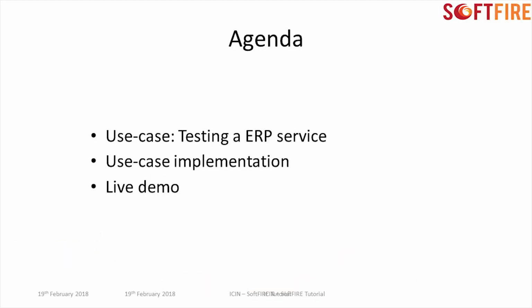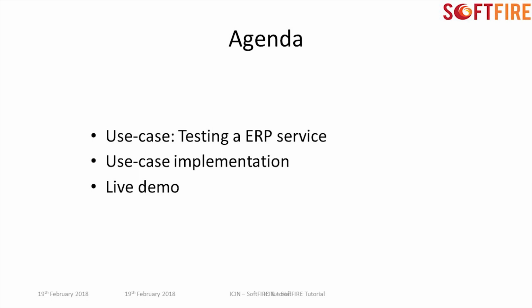During this video tutorial I will show you a possible use case for the SoftFIRE middleware through the definition of an experiment and its actual deployment on the platform. First, we start from formalizing the use case context. For this tutorial, I have chosen a more commercial focused example instead of the classic experiment we had on the platform.